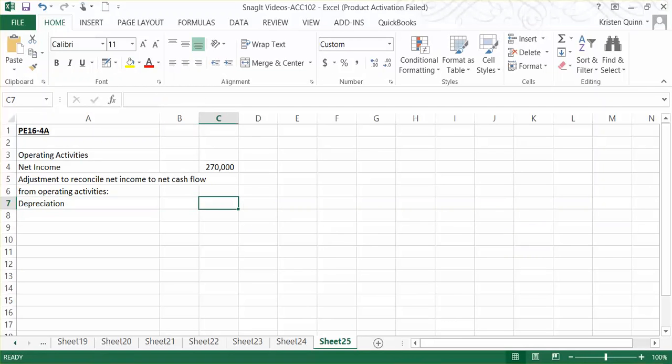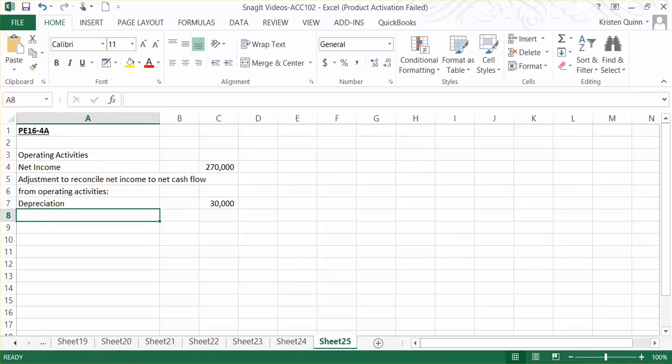Our adjusting entry for depreciation is a debit to depreciation expense and a credit to accumulated depreciation. Therefore, depreciation expense reduces net income but would have no impact on our cash. So we will add back our $30,000 in depreciation.